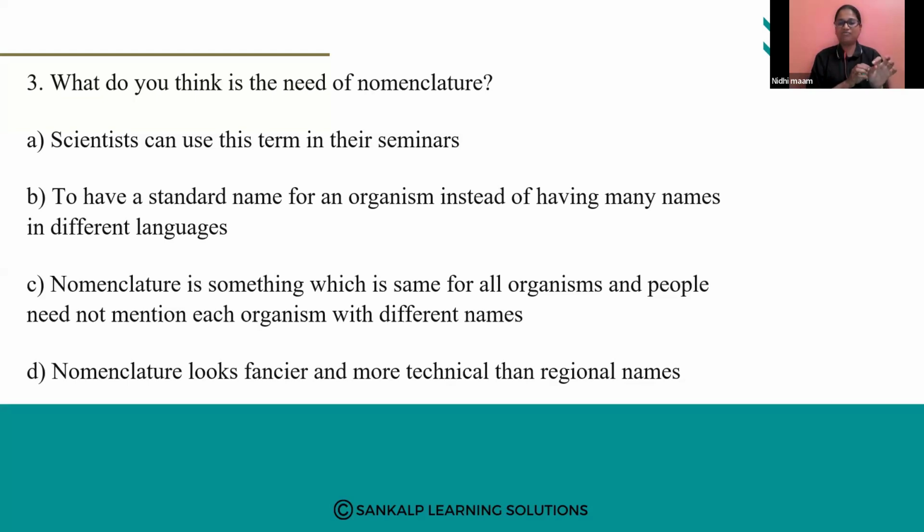Nomenclature is something which is the same for all organisms and people need not mention each organism with different names. It is the same to the whole world regarding that organism. Nomenclature looks fancier and more technical than regional names, stylish.